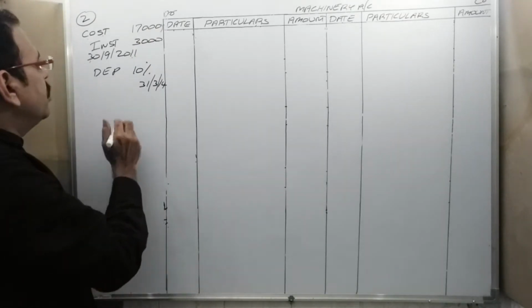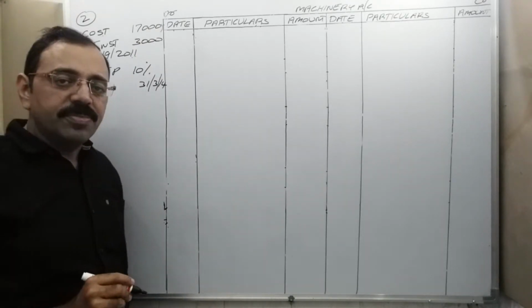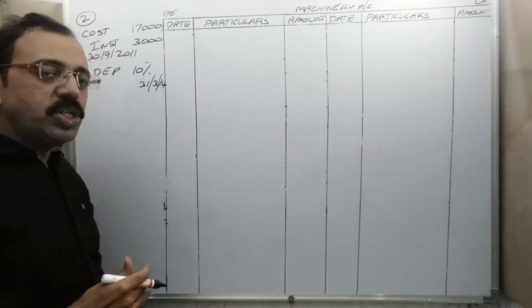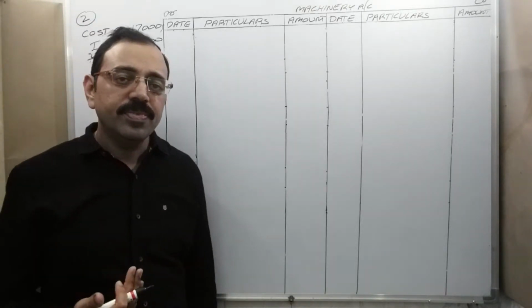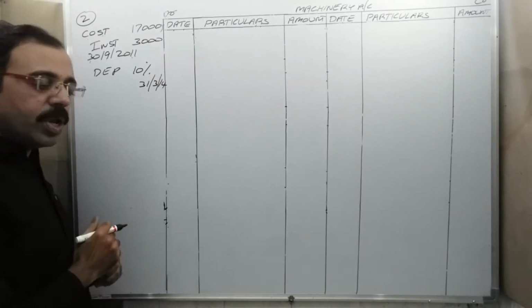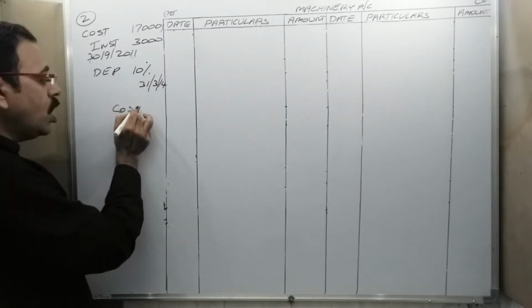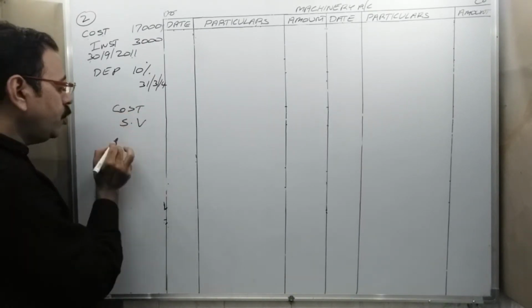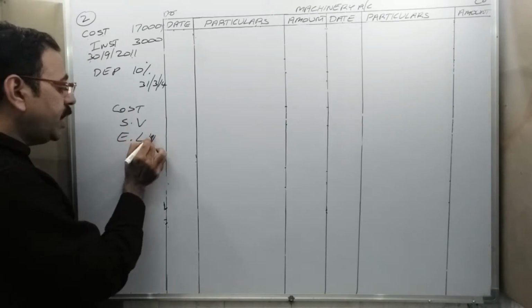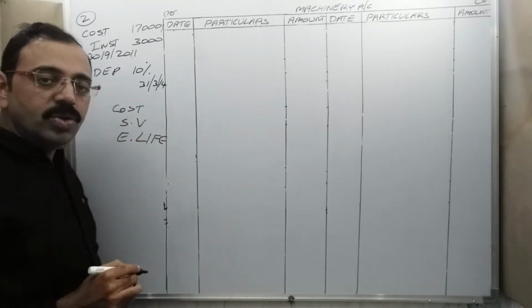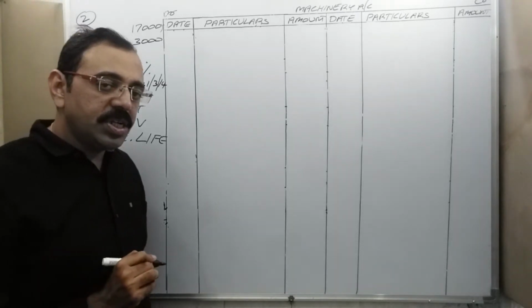Here, two new points are there. First one is, once you recollect the previous problem, first problem. In first problem, he has given cost, scrap value, estimated life. So how did we calculate annual depreciation?